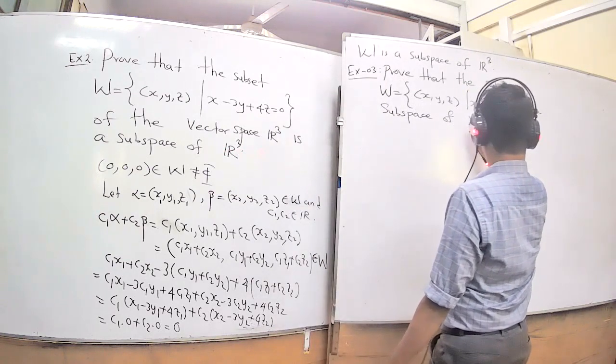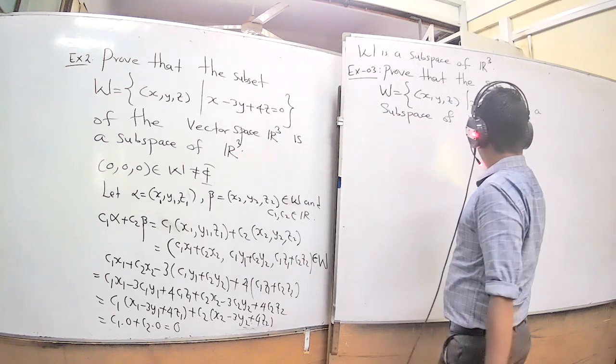I already told you R cube means each of the elements is a real number, and cube means triples.